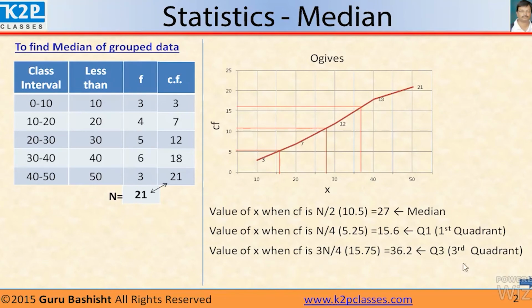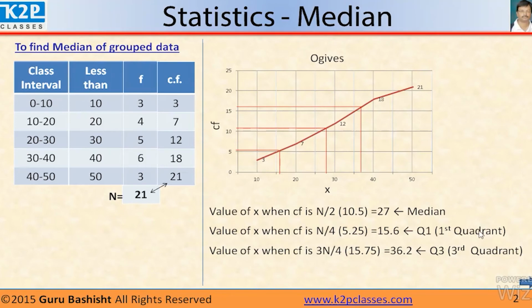And Q2 is called the median. Median is the value of x for which the cumulative frequency will be just half, n by 2. For Q1, the value of x for which the cumulative value would be n by 4, one fourth. And the value of x for which the cumulative value will be 3n by 4, that is Q3.